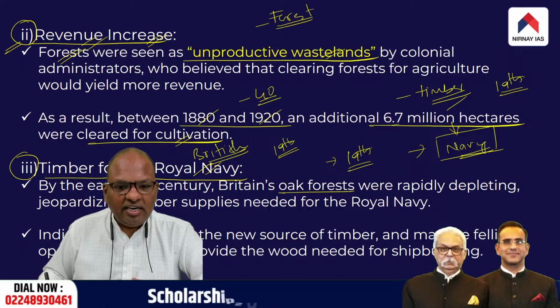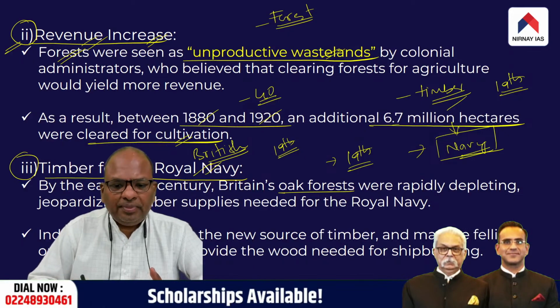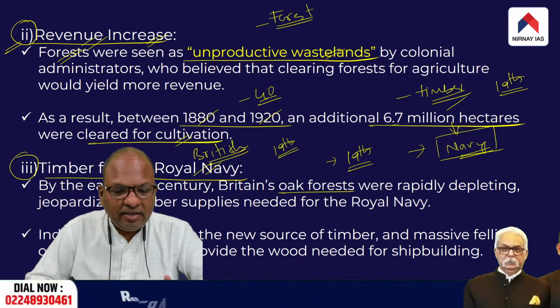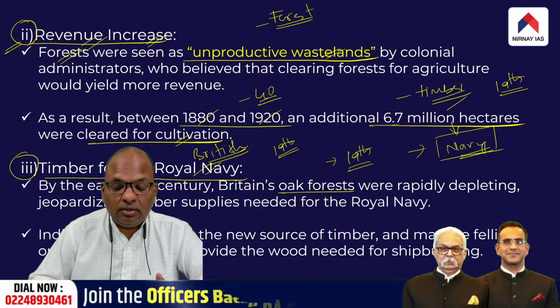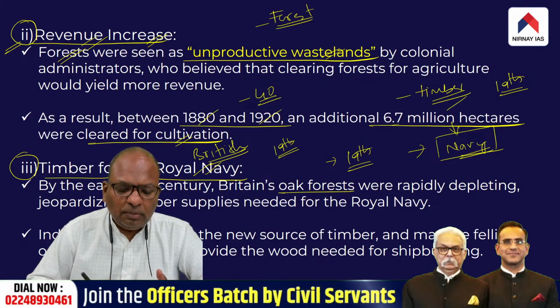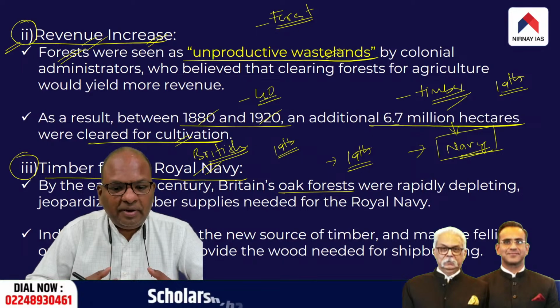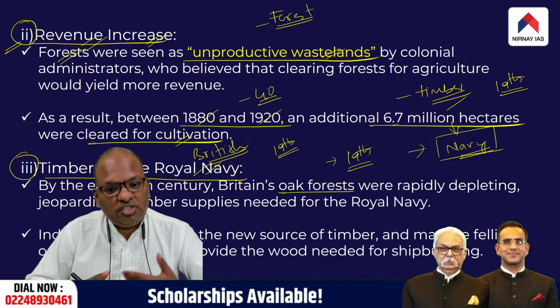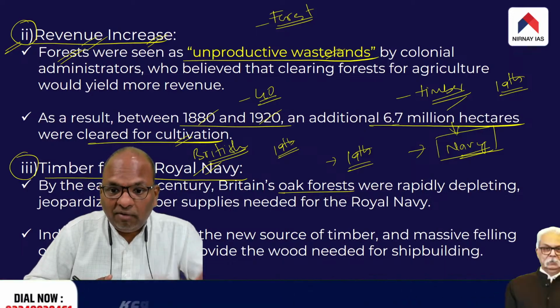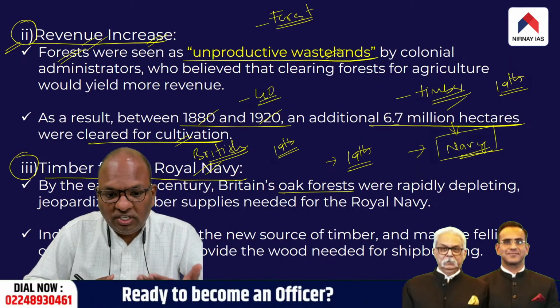Therefore, immediately the British. The point is, maintaining a powerful navy was a prerequisite for the British to continue. The strength of the British depended on its strong navy. Stronger its navy, stronger will be its military power. I'm talking about the British.